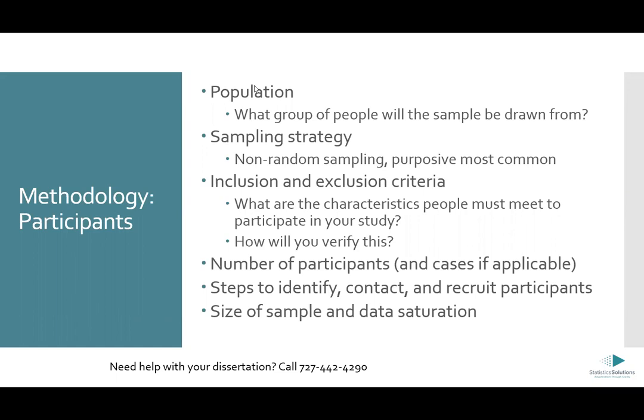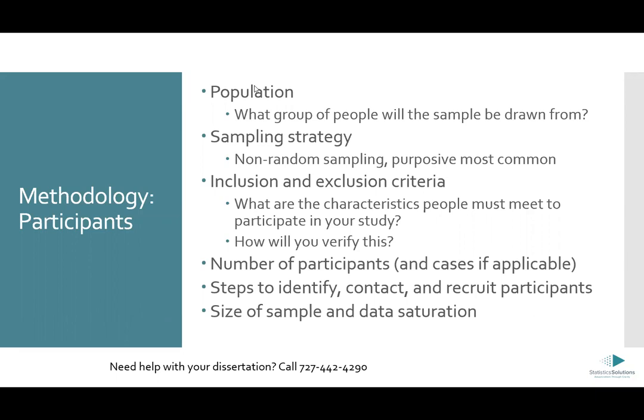And then once individuals become aware of your study, so if I were to send out a flyer, how are people going to get back in contact with me? It could be as simple as accessing the email address on the flyer to indicate their interest, or one thing that I see very commonly is the use of QR codes. Maybe you include a QR code on a flyer that individuals can scan if they're interested.